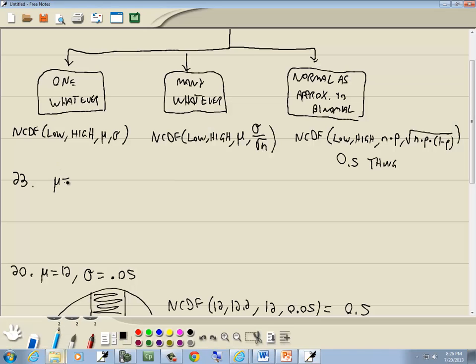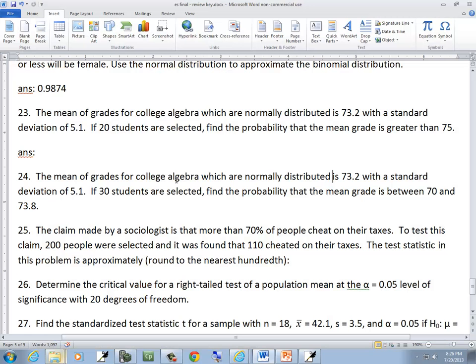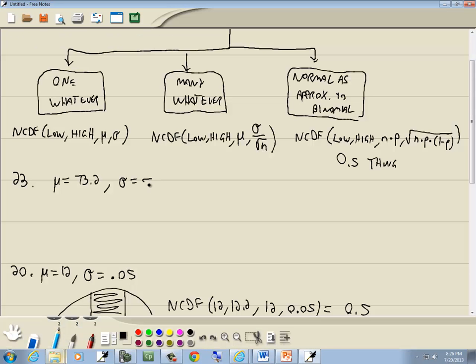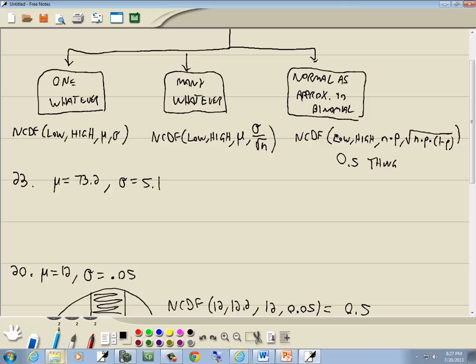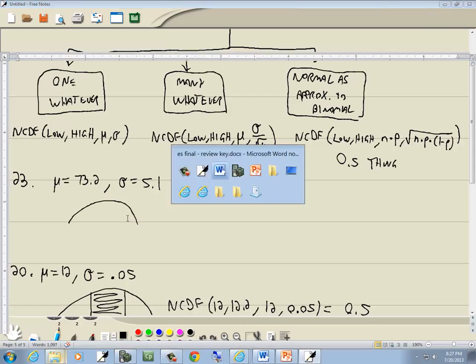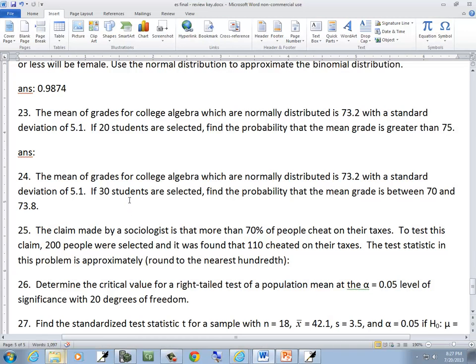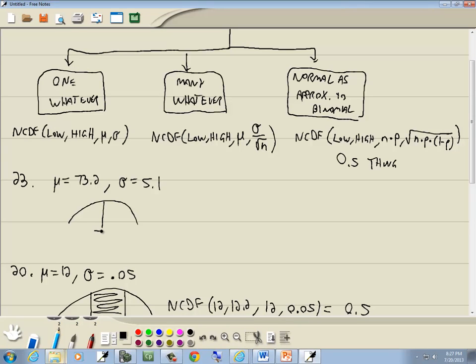So mean is 73.2. Standard deviation is 5.1. Says if 20 students are selected, find a probability that the mean grade is greater than 75. Probability. And we're talking about many whatevers. We're talking about 20 students. So we're going to be using this formula right here. Okay, the probability that the mean is greater than 75. Okay, here's 75. Greater than would be shaded this way.